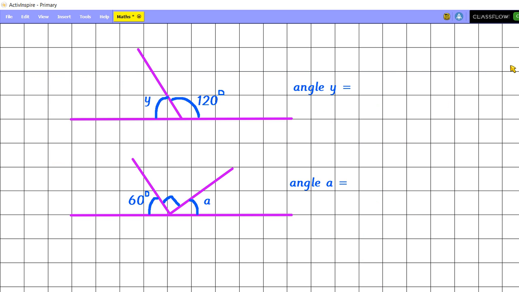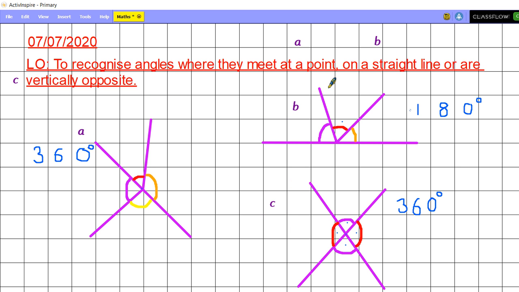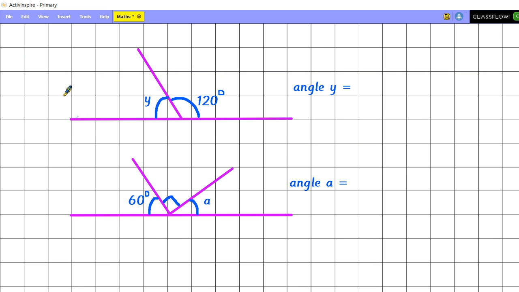Okay, so we're going to have a quick look at this, and we've just said that angles on a straight line add up to 180 degrees. And you can see here that I have got angles on a straight line. So this is my straight line, and if I started from here and I did a half turn and went all the way around here, it would equal 180 degrees.